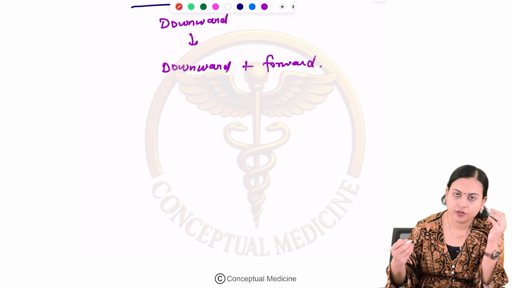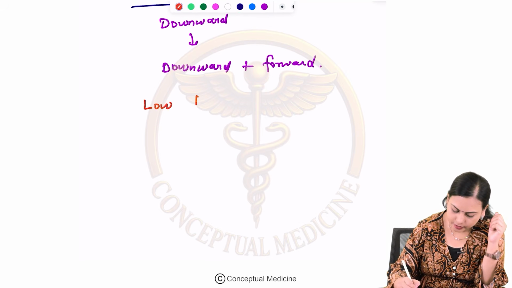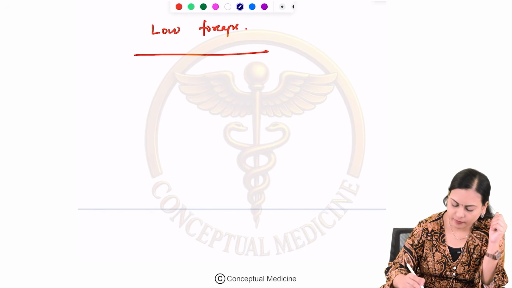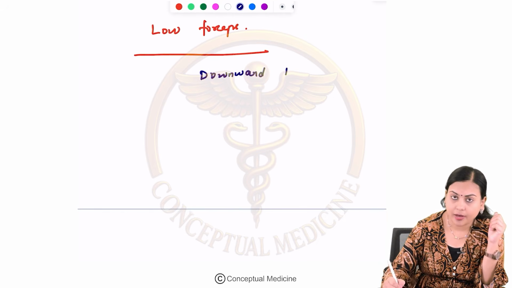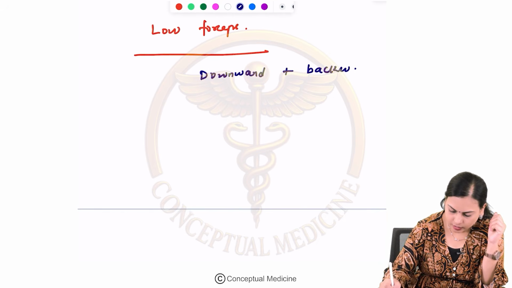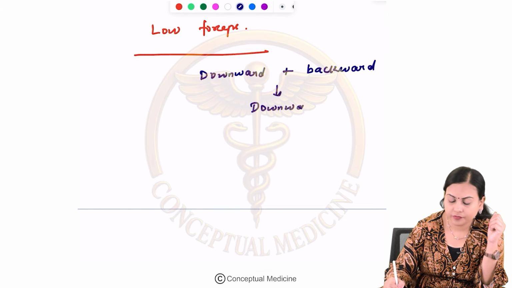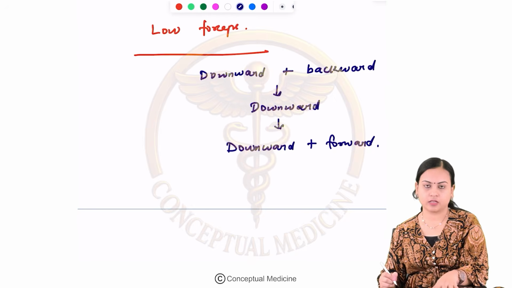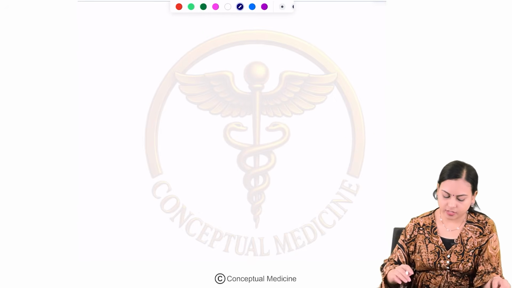Whereas in case of low forceps, you have to give three pulls. First pull will be downward and backward, second pull will be downward, and third pull will be downward and forward again. Clear? So these are the different types.